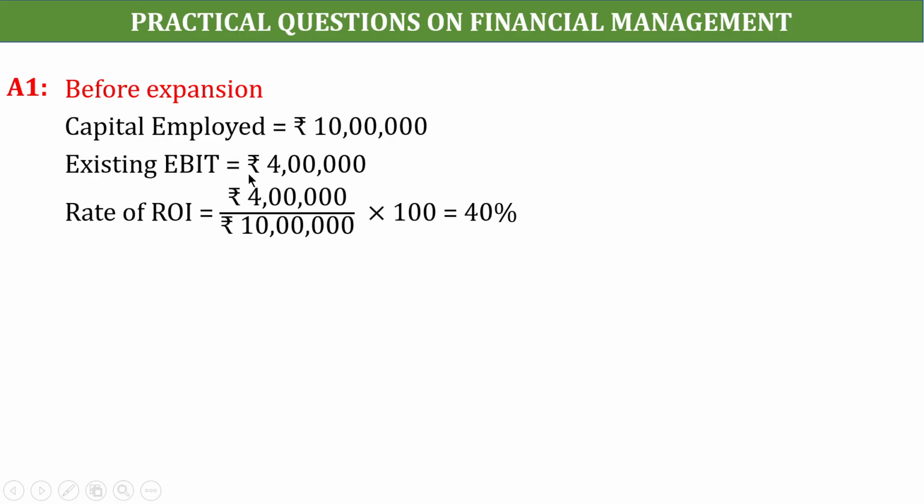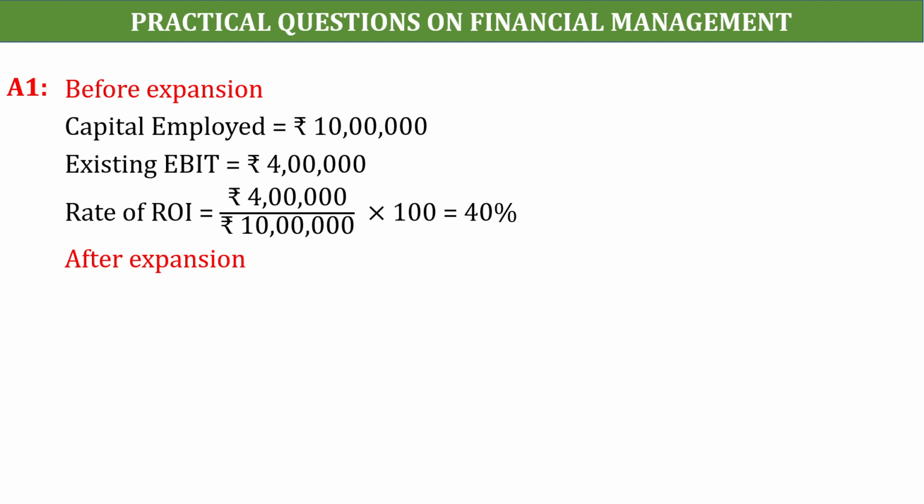Earning before interest and tax was rupees 4 lakh. So the rate of return on investment would be 4 lakh, that is earning before interest and tax, upon capital invested 10 lakh, into 100, that is 40%. So we have calculated ROI was 40% and that remains the same after the expansion.